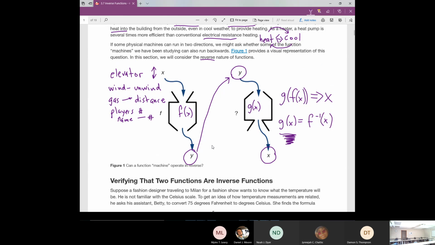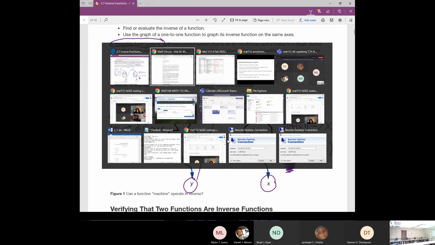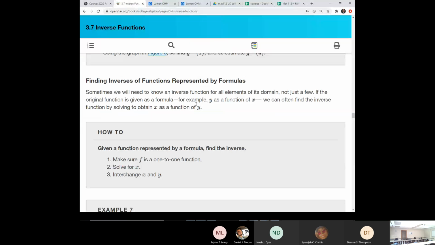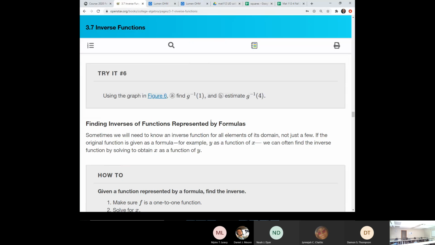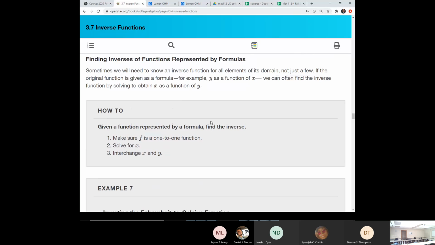So I'm going to skip down to the middle of this chapter, down by example 7.